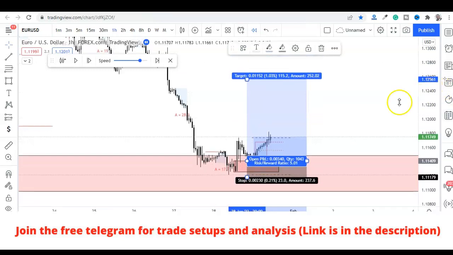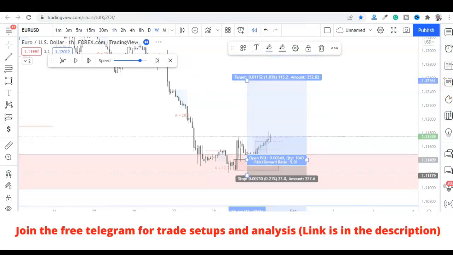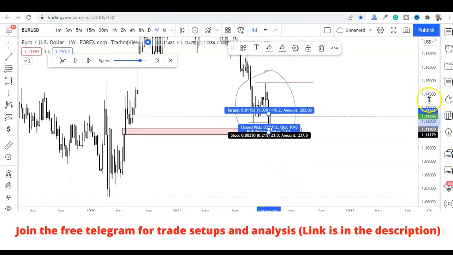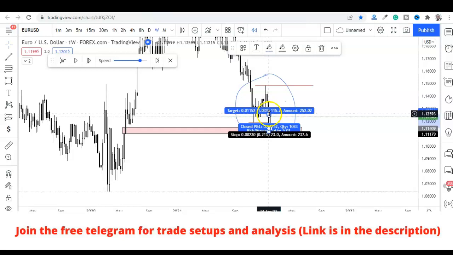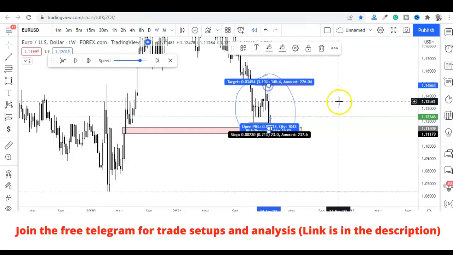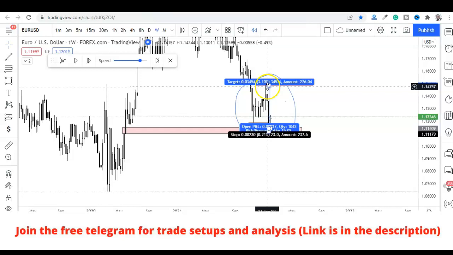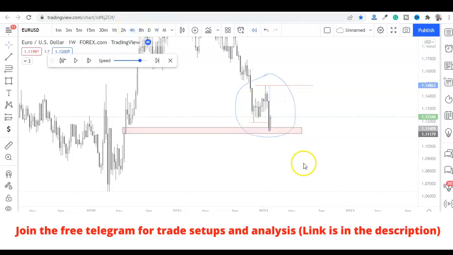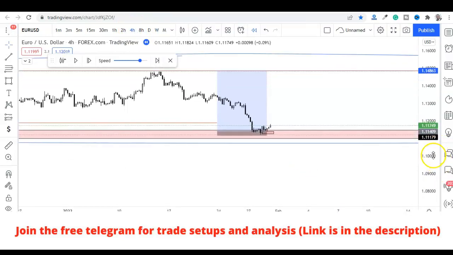Now, because you are a swing trader, your target level, take note, your target level will be what? Your weekly. It could be your weekly and monthly levels, and sometimes you can look at your daily. But if you are an intraday, your target level will be levels in the 4 hours.